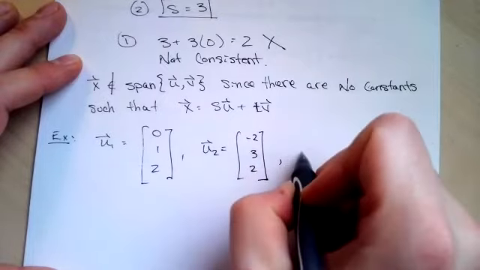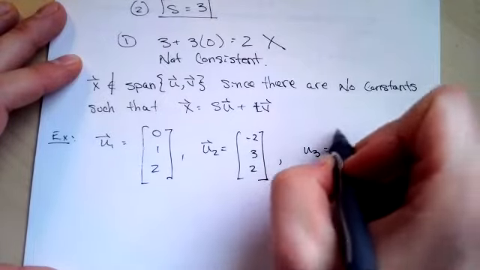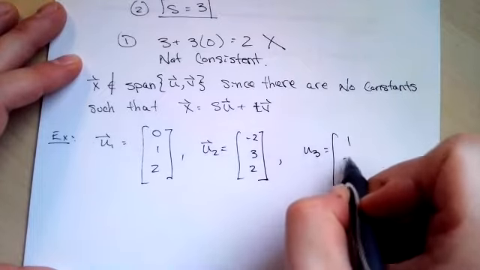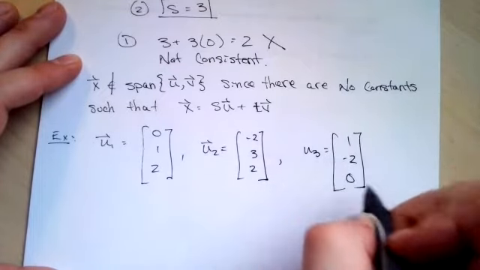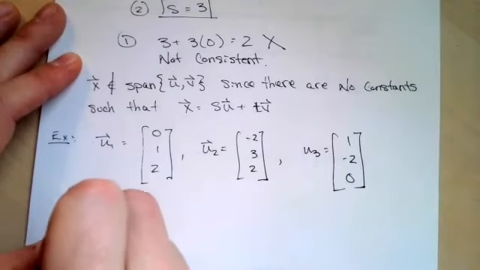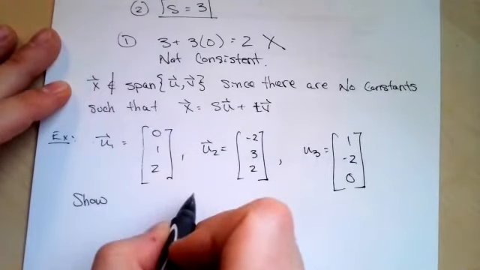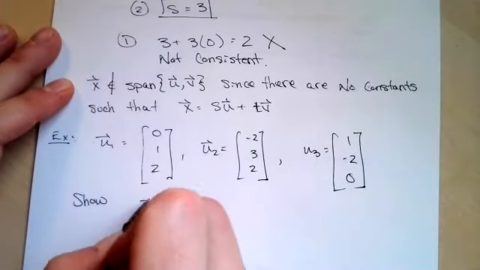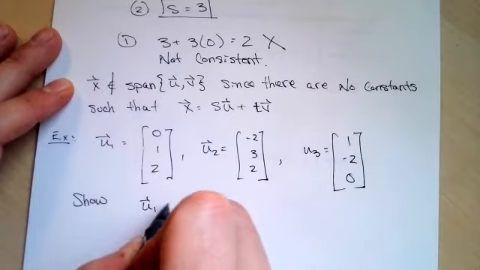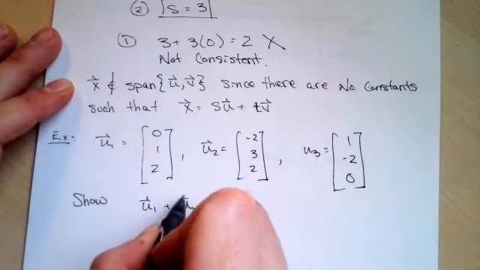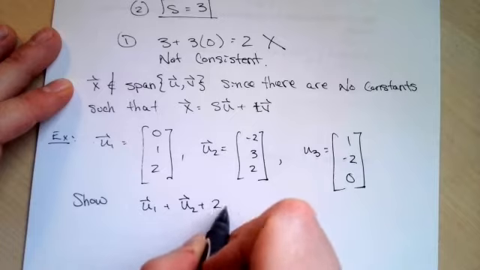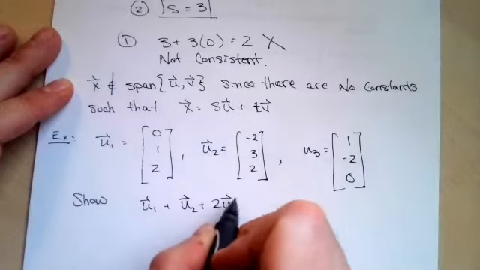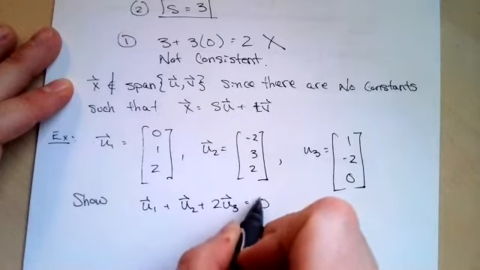And U3 is 1, -2, 0. Show that U1 plus U2 plus 2U3 gives us the 0 vector.